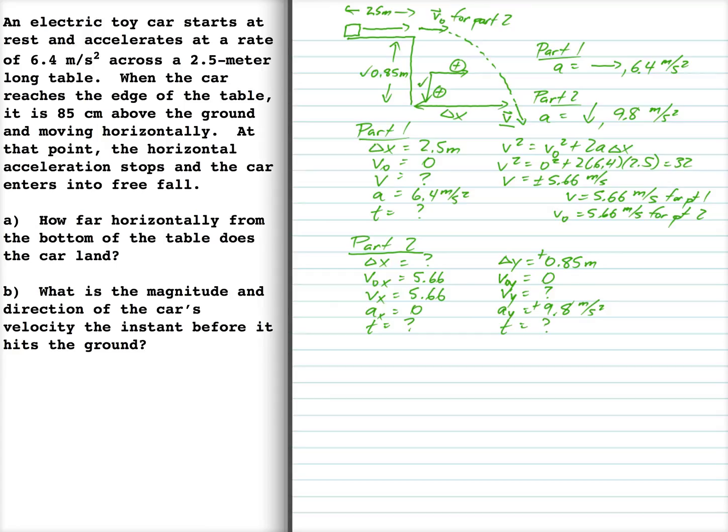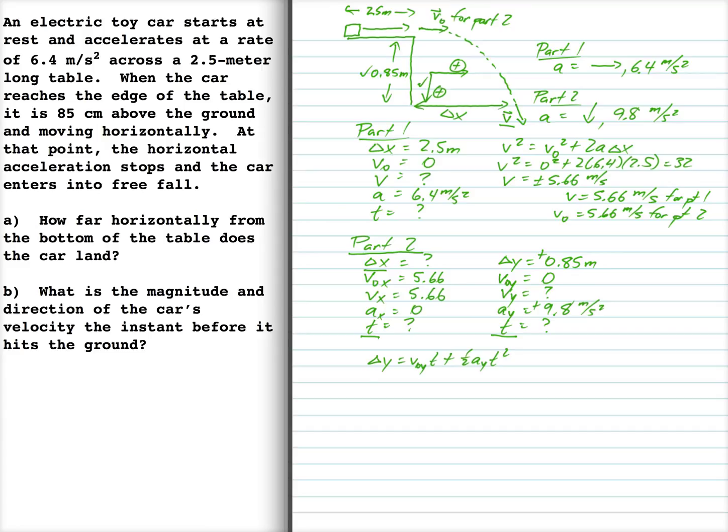Alright, so I guess the first thing I'm going to need to do is find delta x. And to find delta x, I need to know the time. Well, I can find time over here in the y part of the problem. I can use delta y equals v naught y t plus 1/2 a t squared.